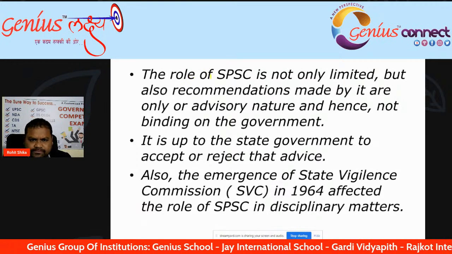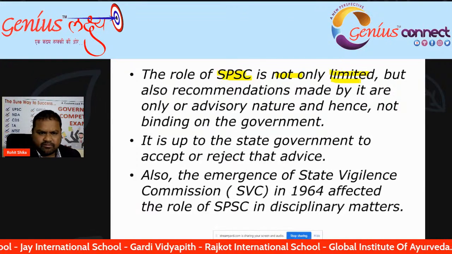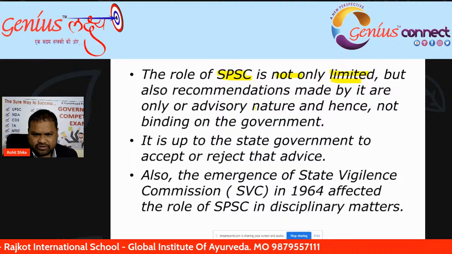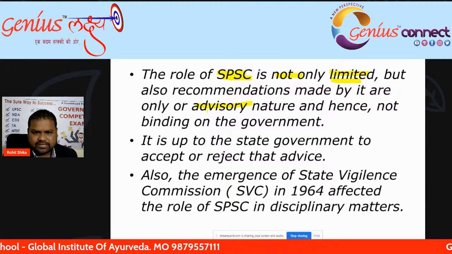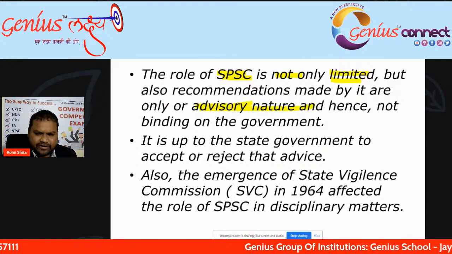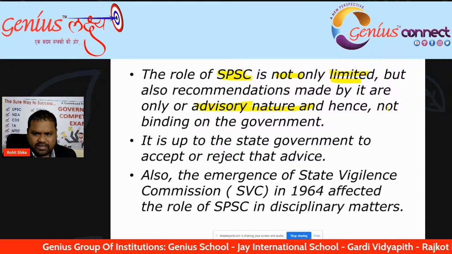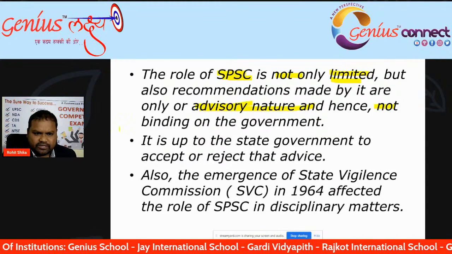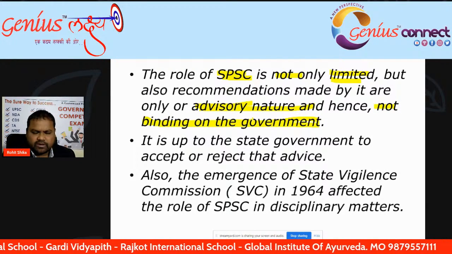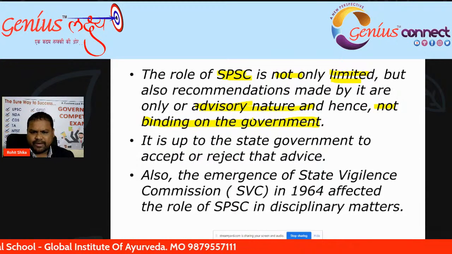The role of State Public Service Commission is not only limited, but also recommendations made by it are only advisory by nature. Again, this is a weakness or challenge of State Public Service Commission because it is an advisory body, it gives advice, but government has a choice whether the government wants to follow the advice given by the State Public Service Commission or government may reject it.